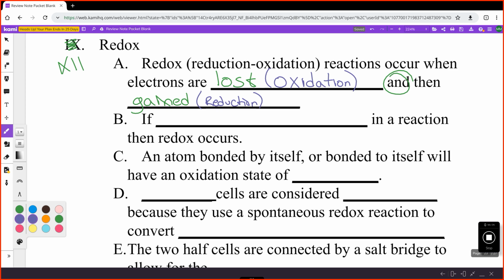Now, when you look at a chemical reaction, there's only one way to really tell if redox has occurred. And that is through assigning and analyzing oxidation numbers.